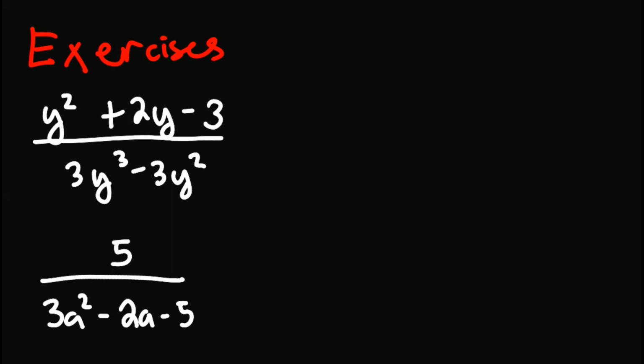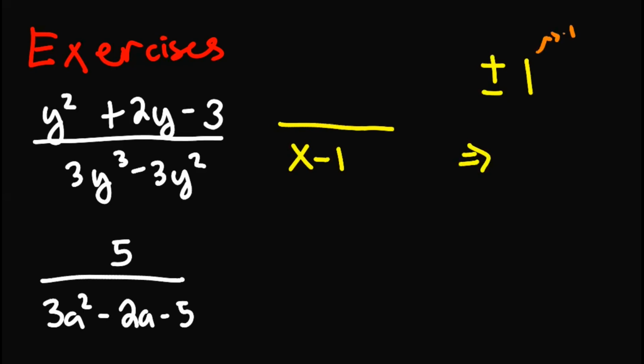So for instance, if after solving the rational equation we obtain positive and negative 1, but in the denominator we have a factor of x minus 1, say, that means that our final answer cannot have a value of positive 1. So our final answer will only be x equals negative 1. So that is the purpose of the domain, to make sure we don't have solutions that are invalid.